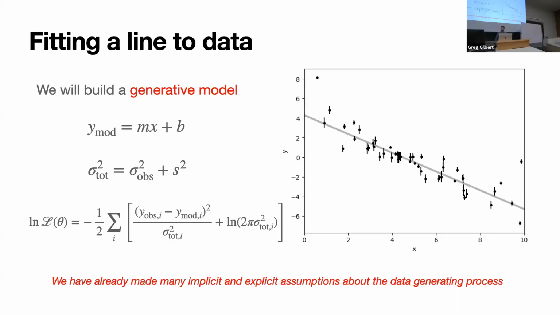Okay, so, right, this is our line. This is one way that you can model it right here, we have this little add-on with the S squared, which accounts for maybe some issues that we have where the uncertainties weren't measured properly.